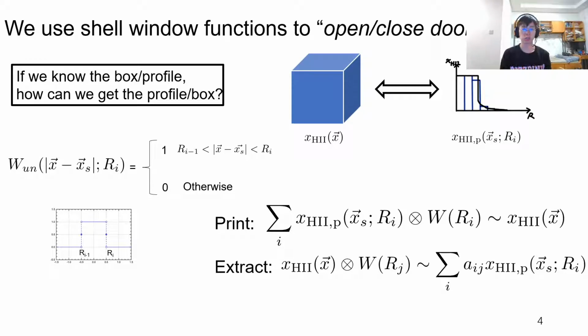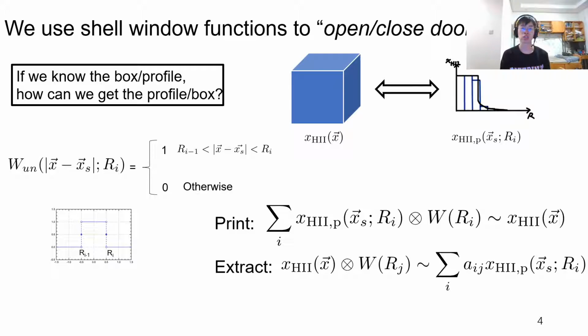Then let's talk about how to extract or print one-dimensional profiles from or to three-dimensional realizations. We use shell window functions to do these two operations. The definition is quite intuitive. If some field point is inside some given shell, then we assign it some value. Otherwise, it's 0. The print operation is simple.